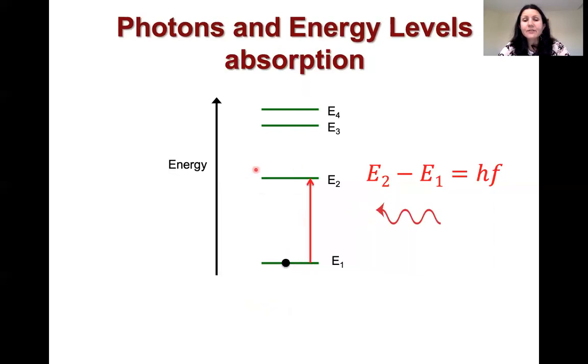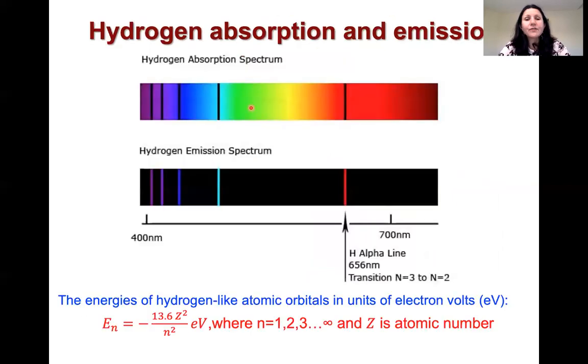Any wavelength which would give us an energy somewhere in between just wouldn't be absorbed, because there's nowhere for that electron to go. All of those that are not absorbed are reflected back, so you see this light, but the ones that are absorbed disappear because they go into making transitions for the electrons. That's why you see these black lines, which are exactly associated with the wavelengths which get absorbed.